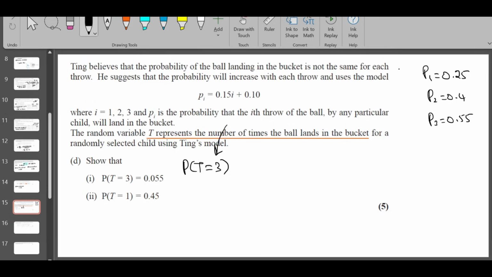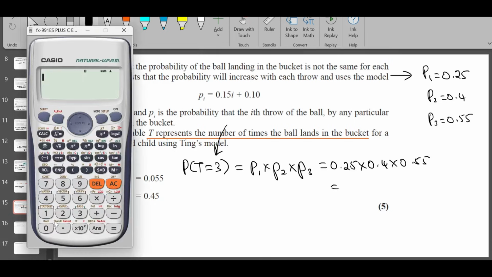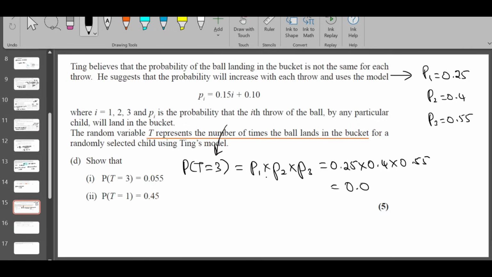The first time the ball lands in the bucket, second time also, third time also. So it's 0.25 times 0.4 times 0.55, which is 0.055. We got the answer already.